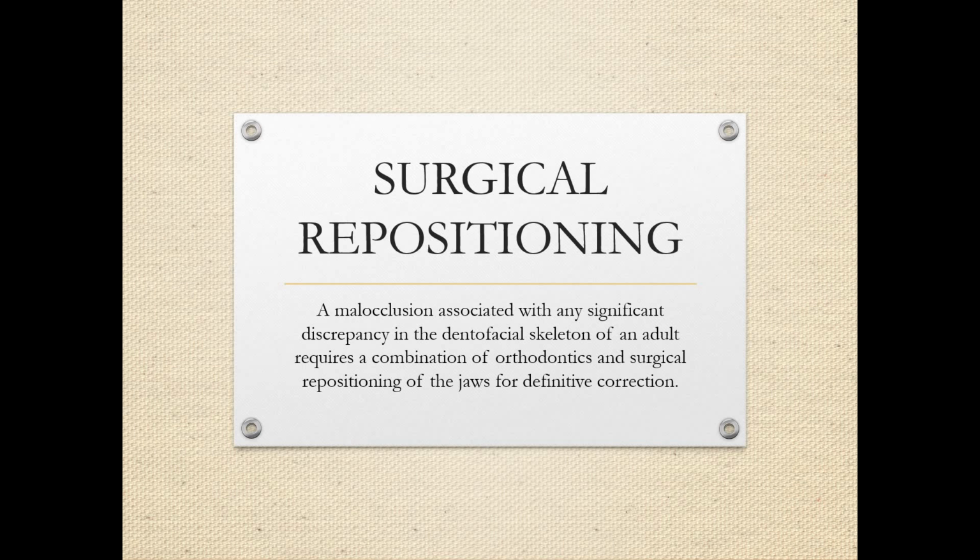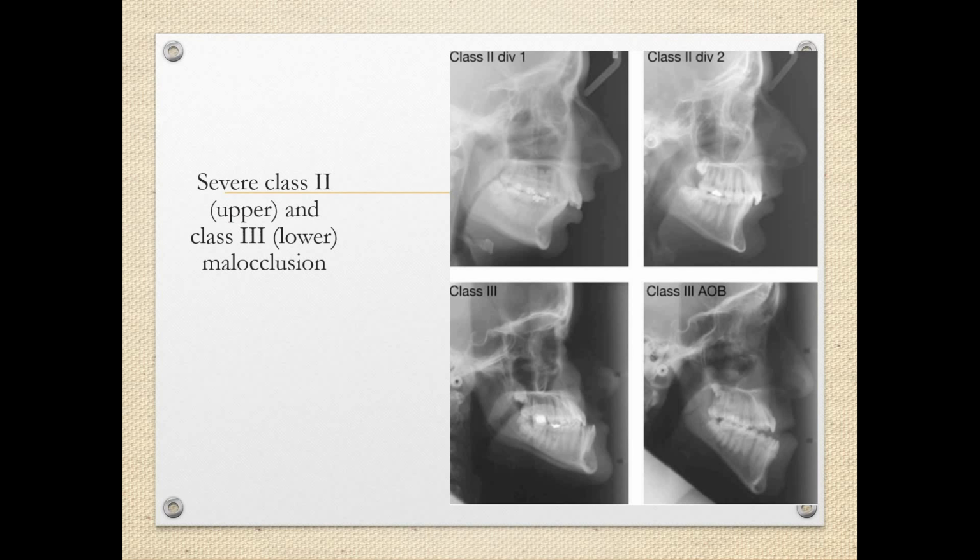A malocclusion associated with any significant discrepancy in the dentofacial skeleton of an adult requires a combination of orthodontics and surgical repositioning of the jaws for definitive correction.